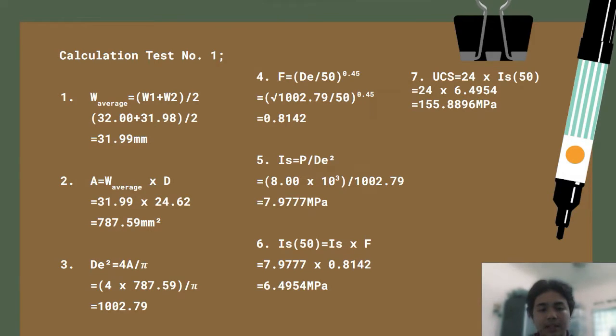Then we calculate the corrected point load with the formula IS multiplied by F, and we get 6.4954 megapascal. Lastly, we calculate the UCS value with the formula 24 multiplied by IS50, and we get 155.8896 megapascal.